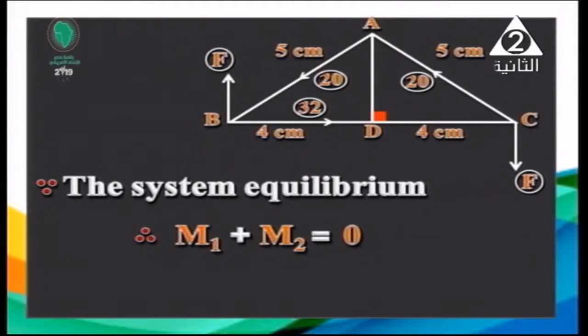Equilibrium. Then we deduce that M1 plus M2 equals what? Equals 0. What is the first couple, my dear student? The first couple is in cyclic order of triangle ABC.